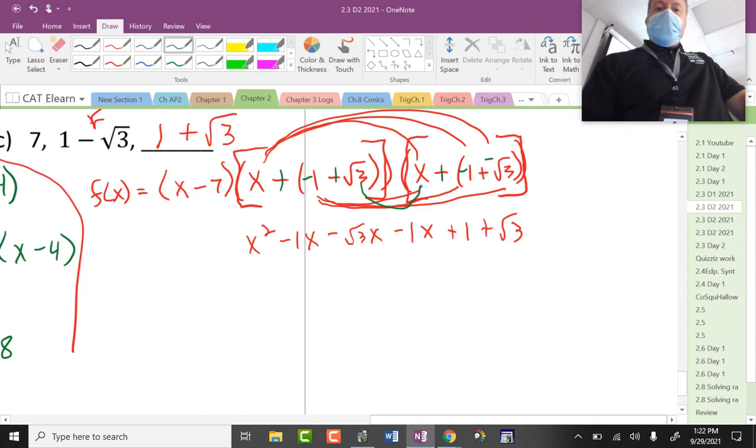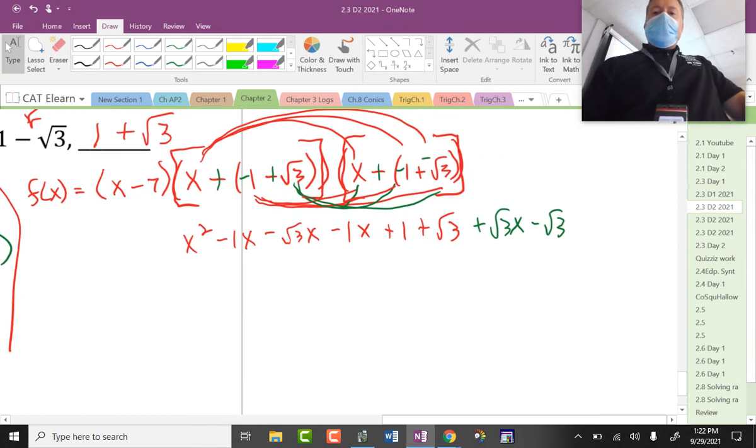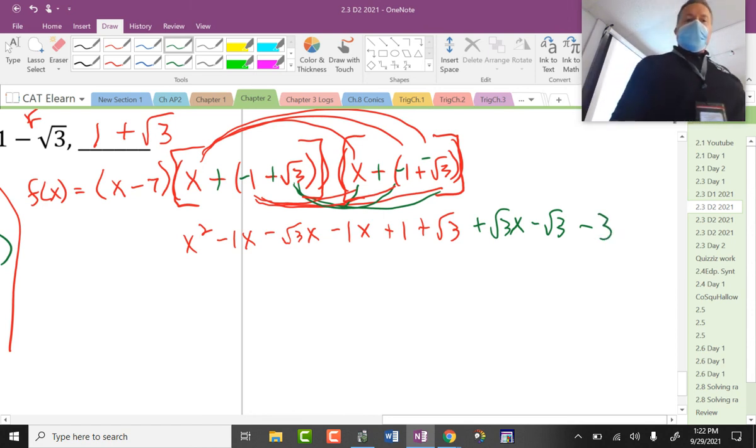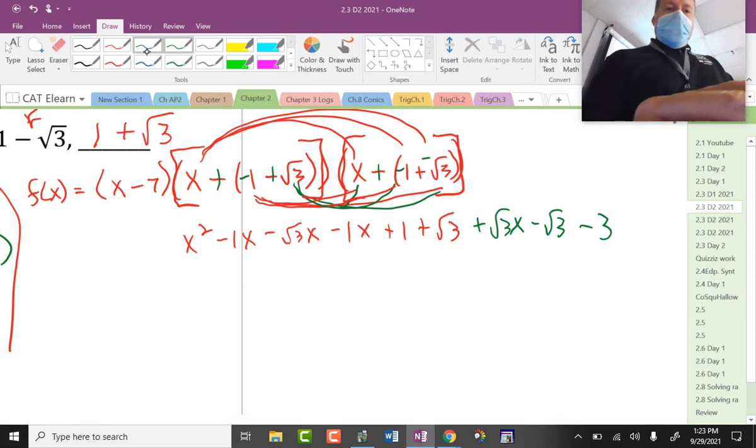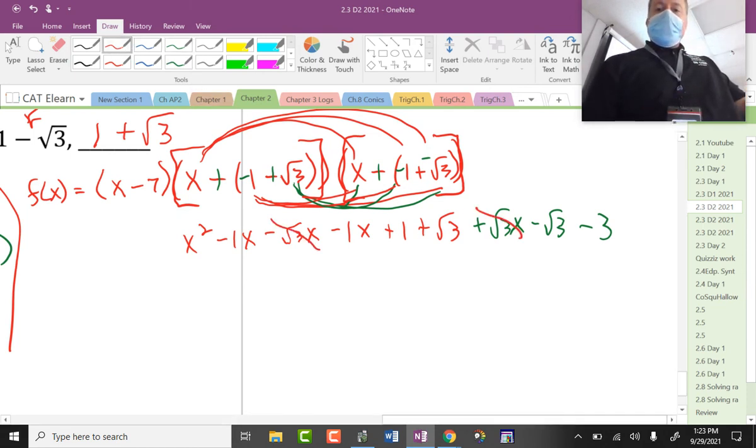This is positive root 3x. Oh, look at what we got for terms. This is negative root 3. And then just like that last one, negative root 3 times positive root 3 is negative 3. And notice what we ended up getting. These are opposites of each other, negative root 3x and positive root 3x.